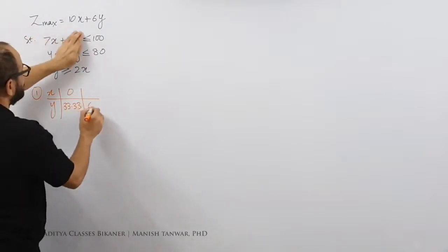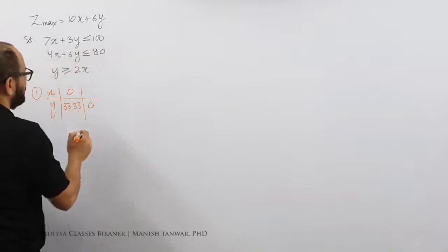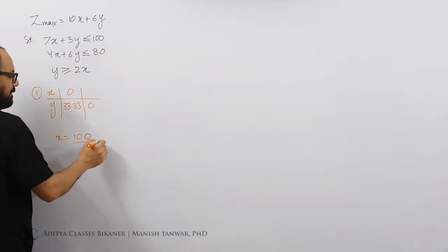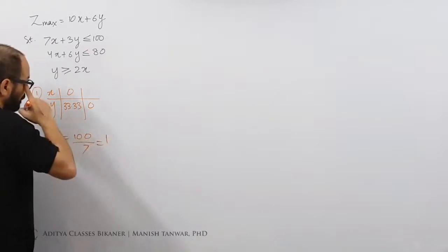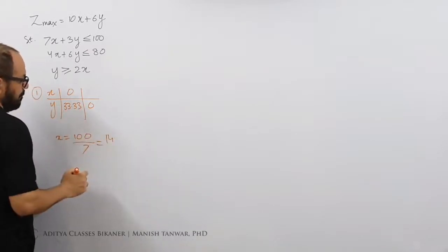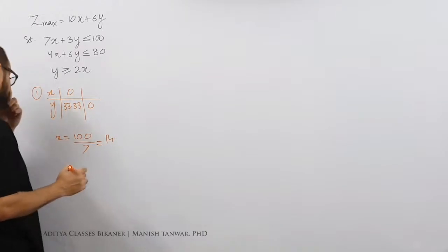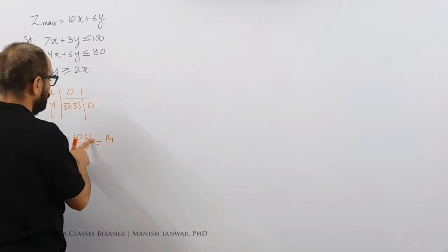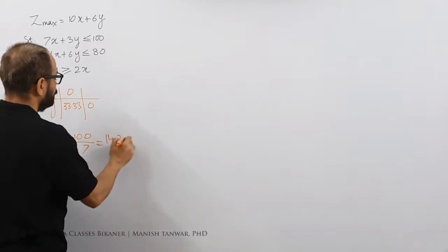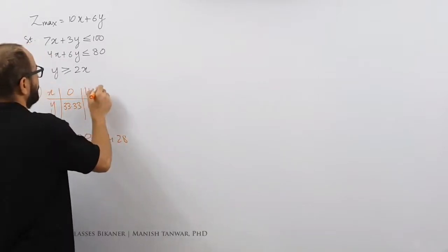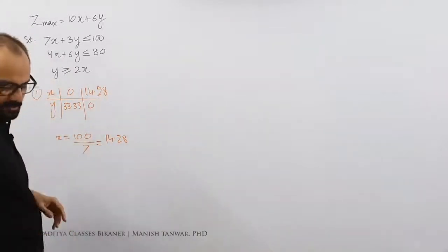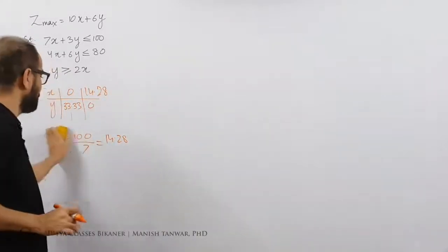If I make y 0, x will become 100 by 7, which is 14.28. The first constraint converges to these 2 points.